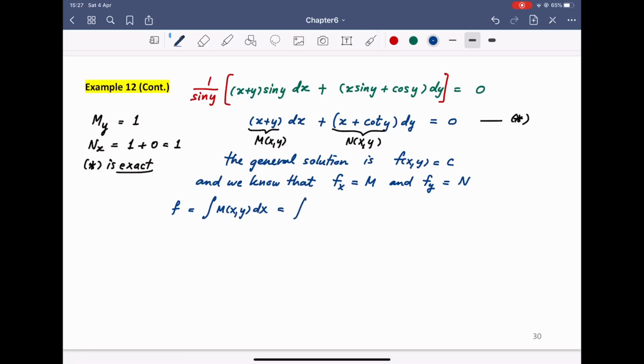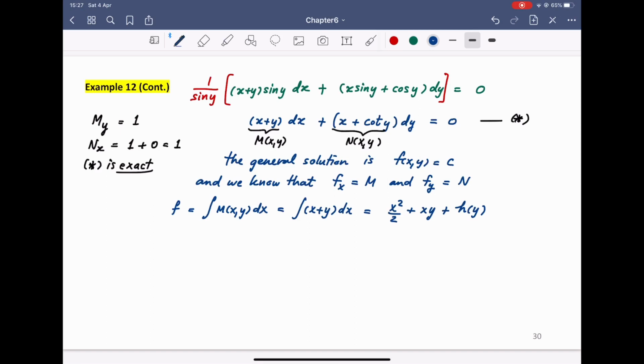So that is the integral of x plus y dx, right? And that is, integrate x dx, you get x squared over 2, and integrate y dx, you get xy, and then plus some function of y, right?